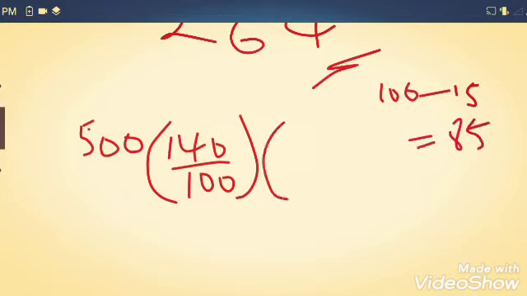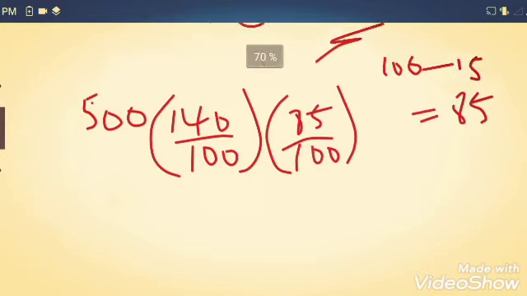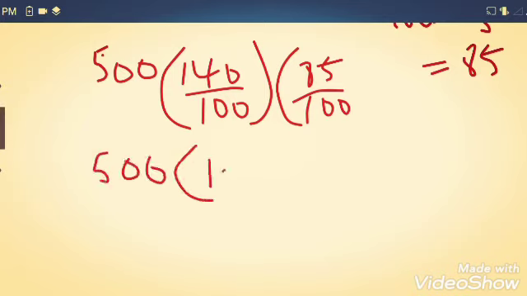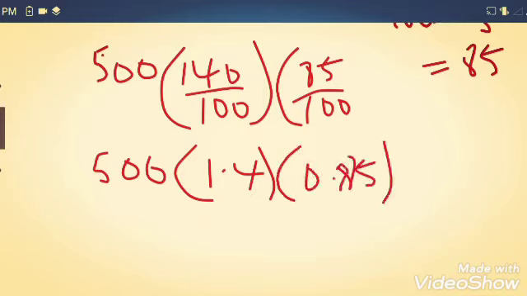So this is going to give us 85 over 100. So from here we're going to have 500 times 1.4 and this will be 0.85. So as usual, you are going to multiply these two.